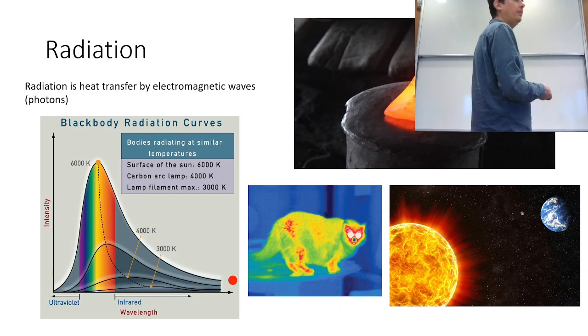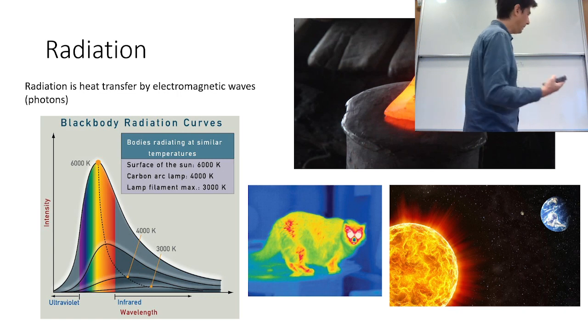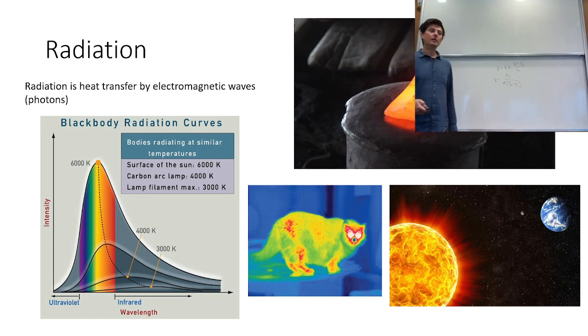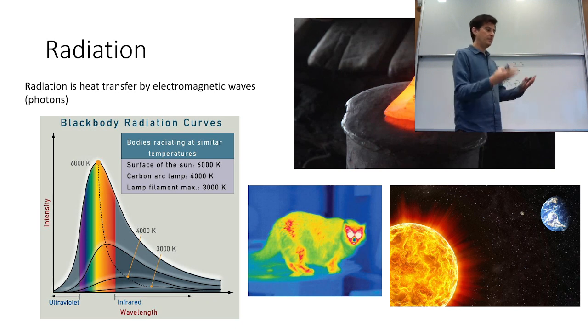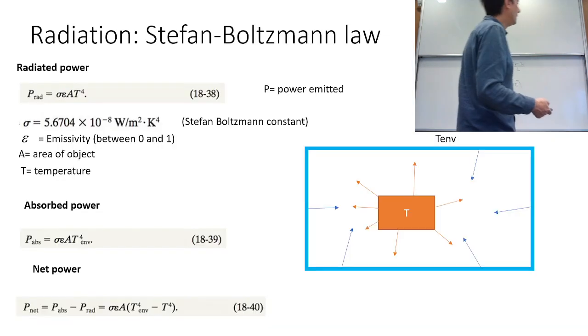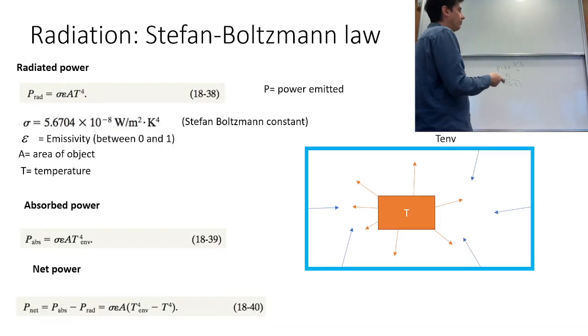So if we just forget about the frequency dependence, and just look at the entire amount of power of electromagnetic radiation coming off of something because of this radiation, then you get a formula like this.